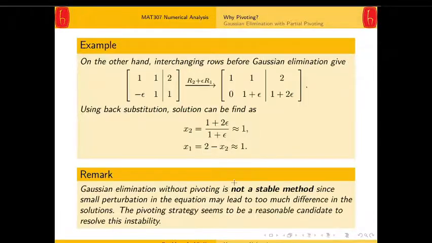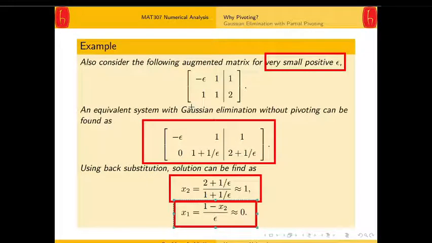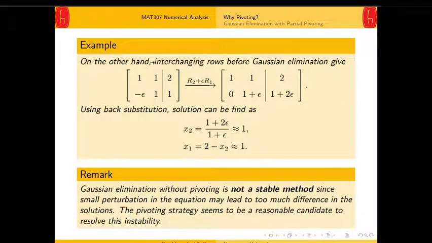So let's also interchange rows and then proceed with the Gaussian elimination. This was our augmented matrix, and we can interchange the first row and second row, and then proceed with Gaussian elimination. Let's see what happens if we do that.